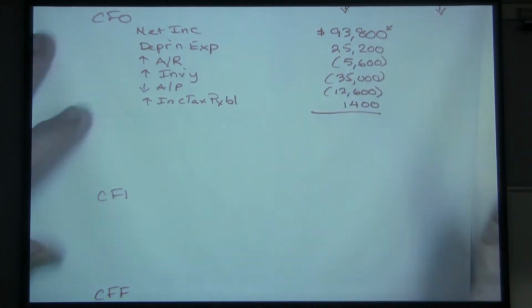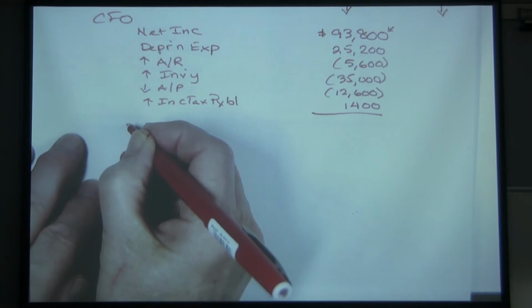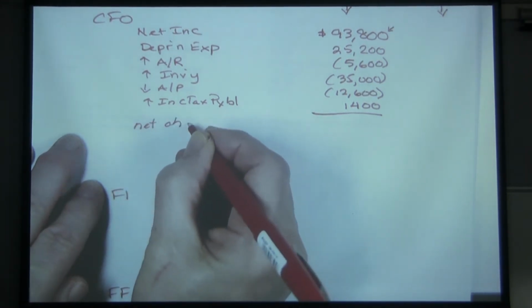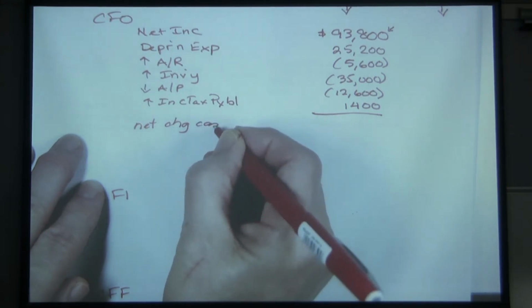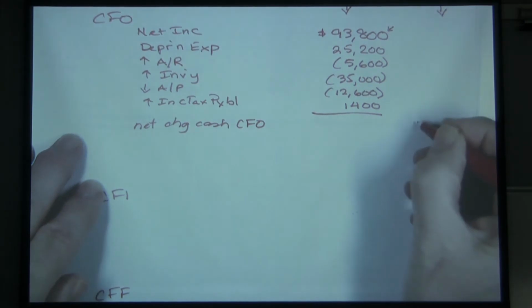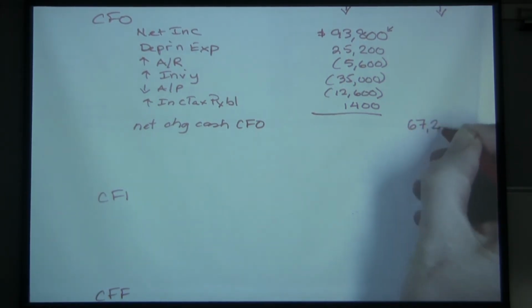So we just simply add and subtract our total. You could write net change in cash. There's no really formal line item here. CFO, once we add and subtract, would be $67,200.